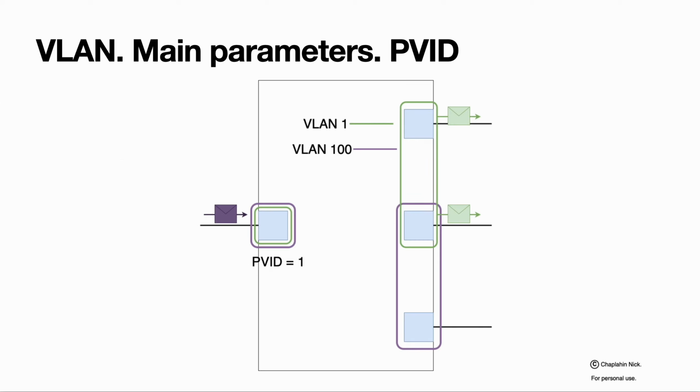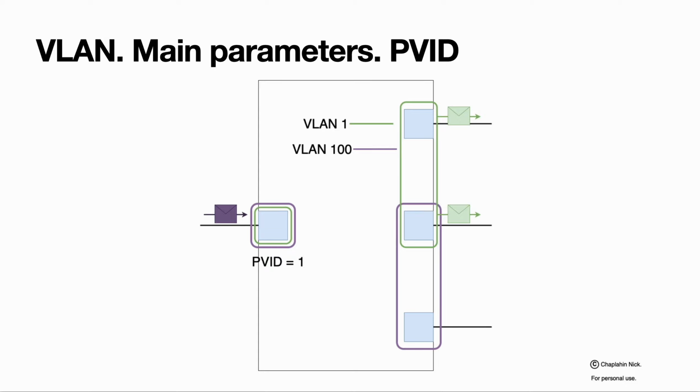But to decide to which slice to eventually send this packet for processing, the system needs some VLAN information. This is covered by the PVID argument. PVID defines the VLAN ID that will be added to the untagged frame by the system. And then this frame goes to the respective slice and is processed there.